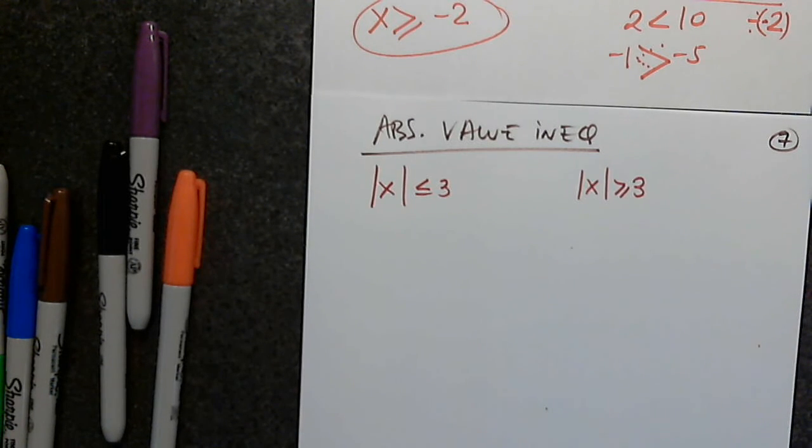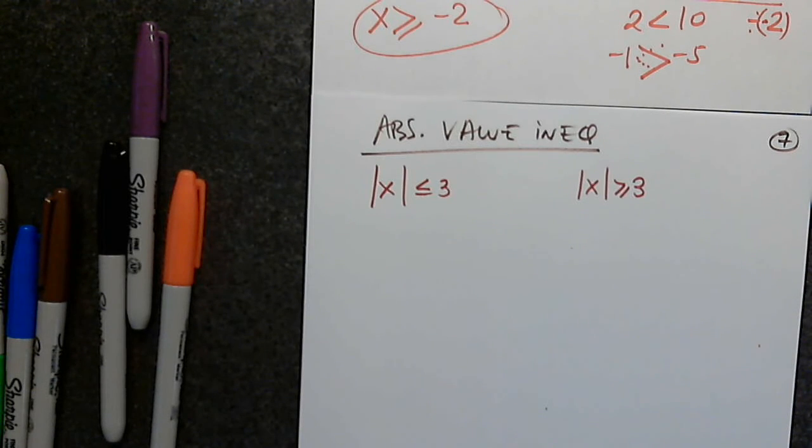Find any number that I call x, such that the distance between all those numbers x and 0 is 3 units or less. One more time. The first inequality is telling me to find all numbers x whose distance from 0 is 3 units or less.